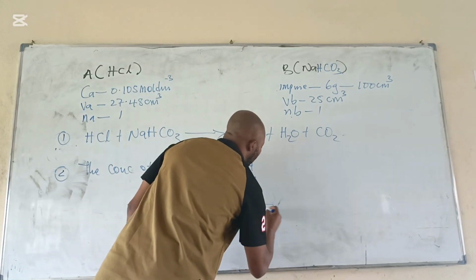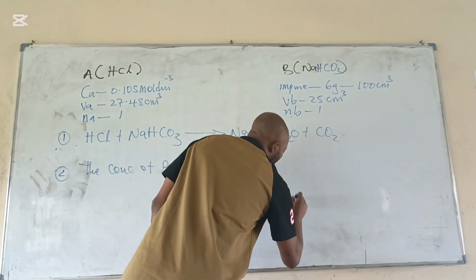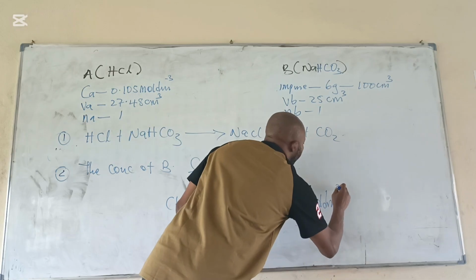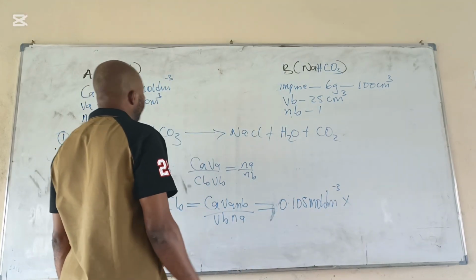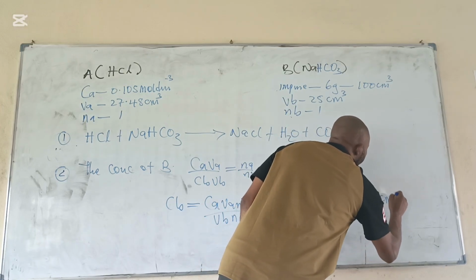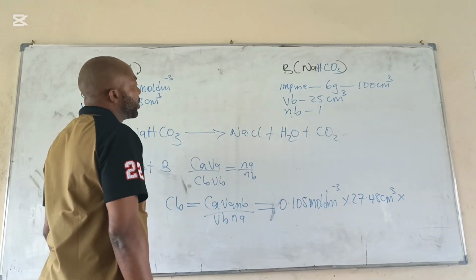And this is equal to the concentration of the acid, which is 0.105 mole per dm cube. Volume of the acid is 27.48 cm cube. NB, number of moles of the base, is 1.